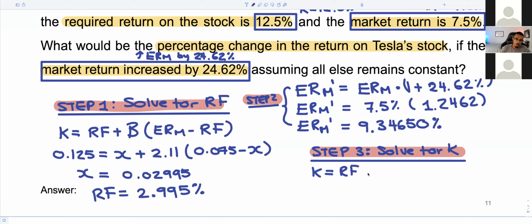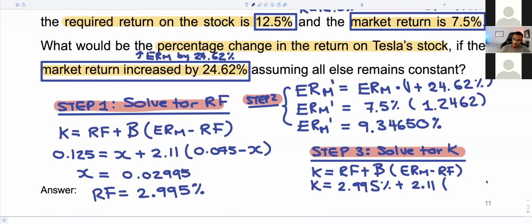Now we're going to solve for our good old friend K, in which we know that K is going to be equal to 2.995% plus 2.11 times 9.3465% minus 2.95. Somebody tell me, what is our new K in this case?